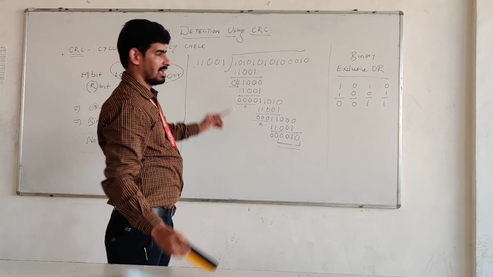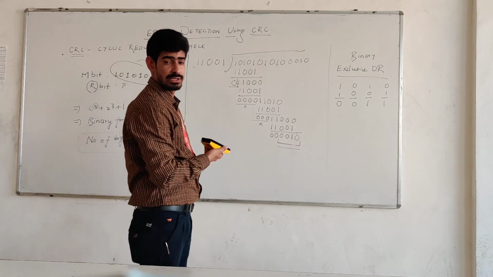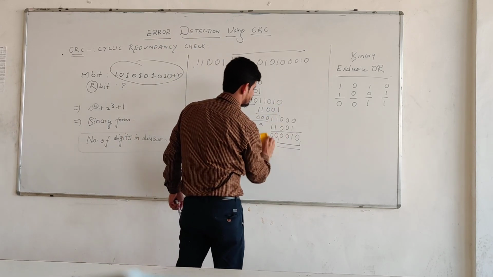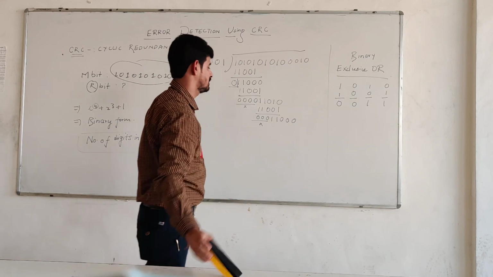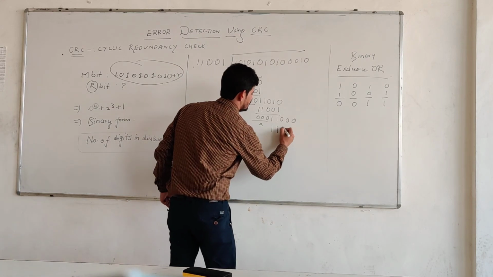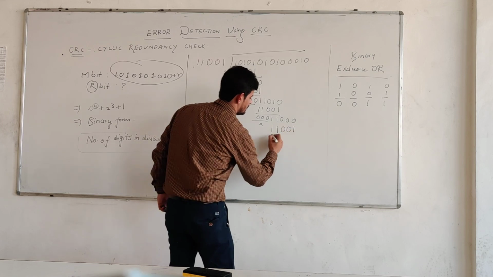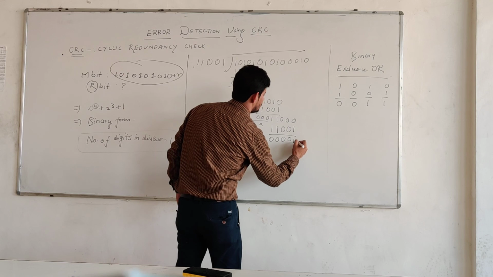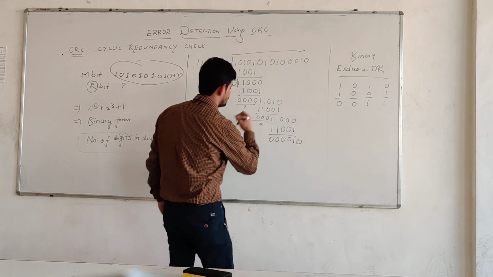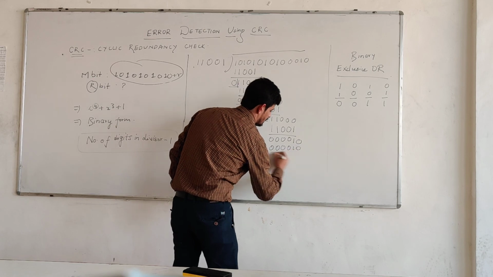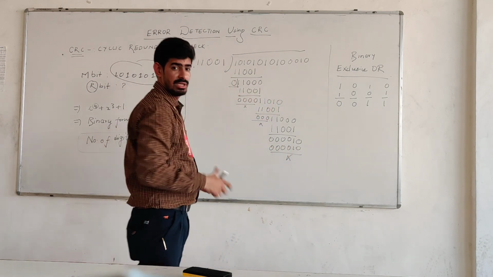So this division will be executed normally, as it is. From here we will get 11001, 11001. That is 000010, and it will be cancelled out.